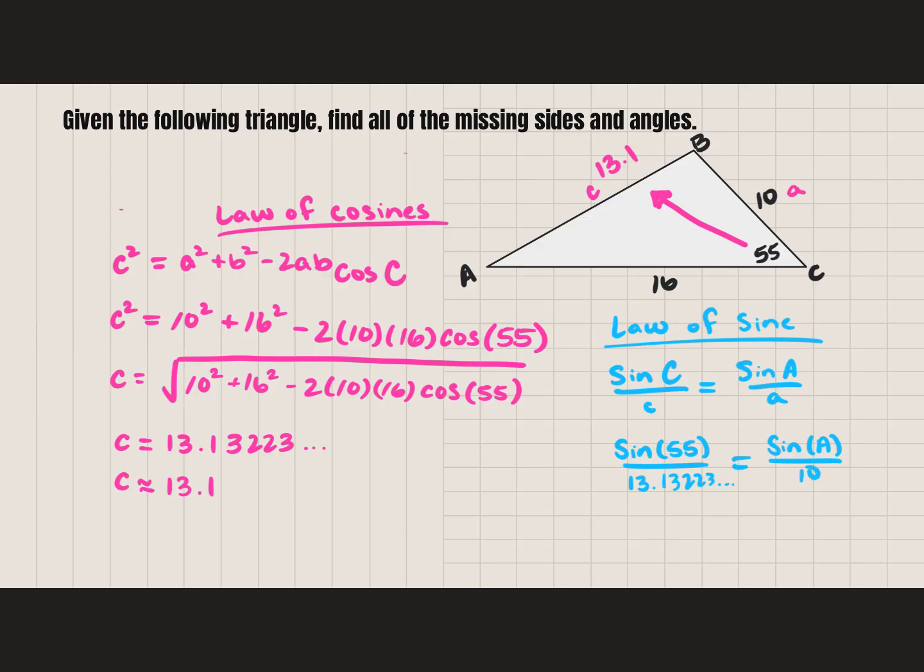I'm going to solve, so that's going to give me 10 sine of 55 over 13.13223... equals sine of capital A.